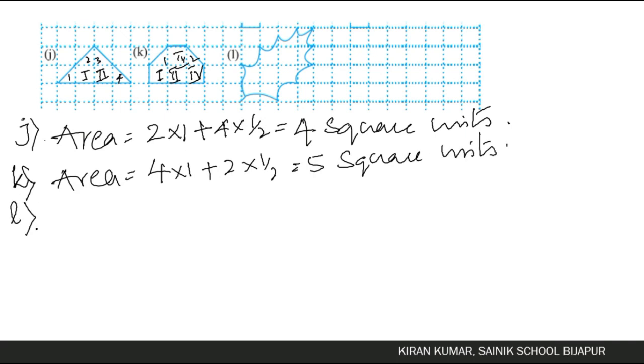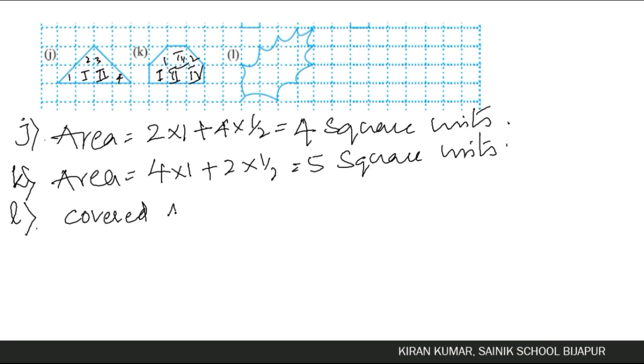Look at the figure L. Here the figure is not having sides, it is having curves. In such cases, what do we do? Let me consider it in this way. I'll make a table for that.